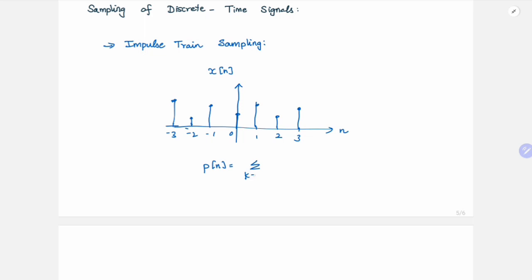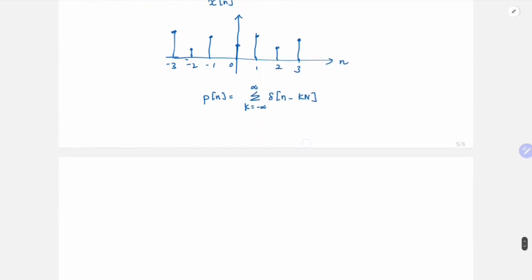I will say this has a periodicity of capital N. So it will repeat every N samples, right? So how will this look? At 0, N, 2N, minus N, minus 2N, and so on, and in between everything it will be 0. Only at the integer multiples of N the amplitude will be 1. So this is p[n].